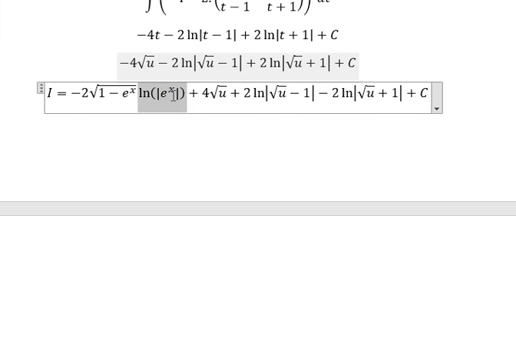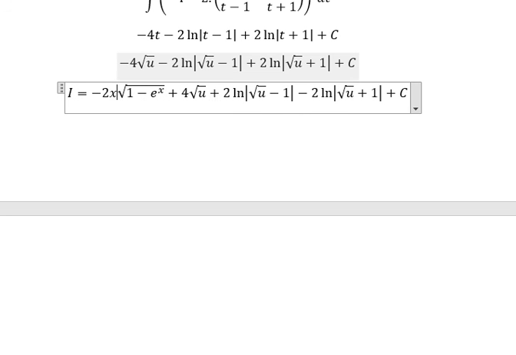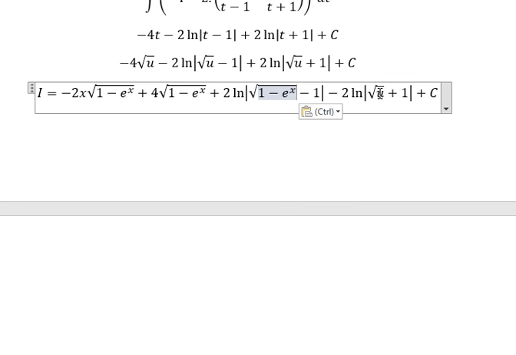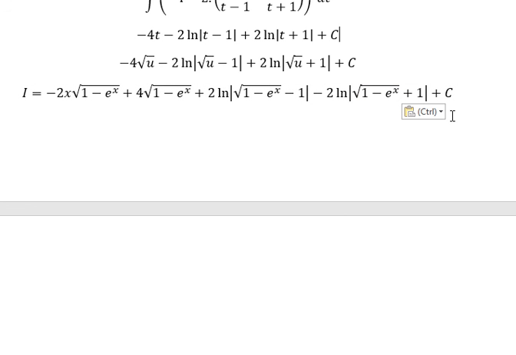So this one, you get e to the power of x. We put it in here, we change this one in here, and in here, and this is the final answer.